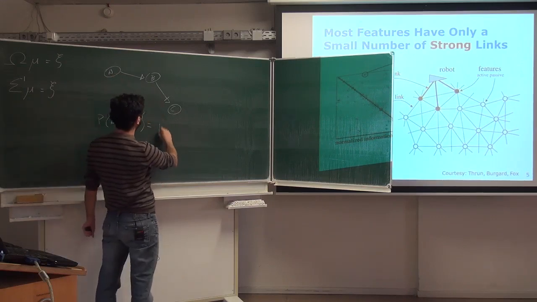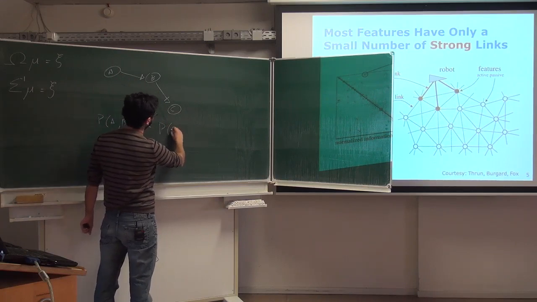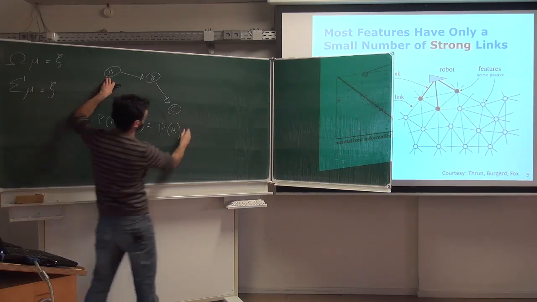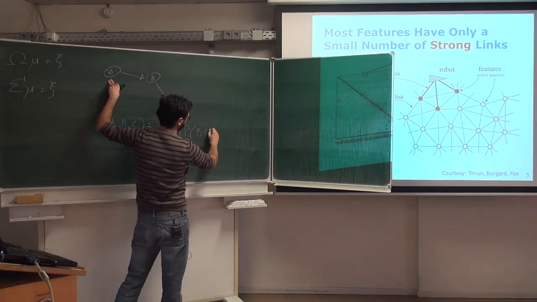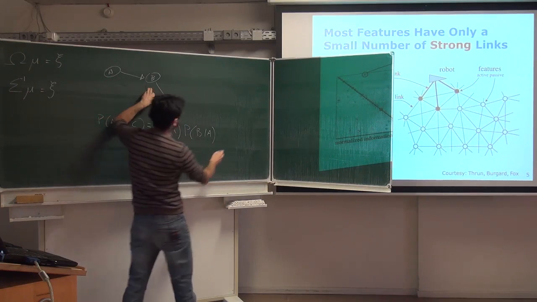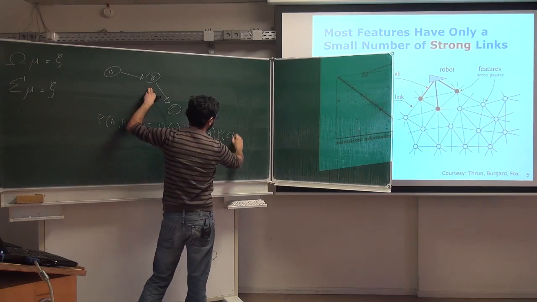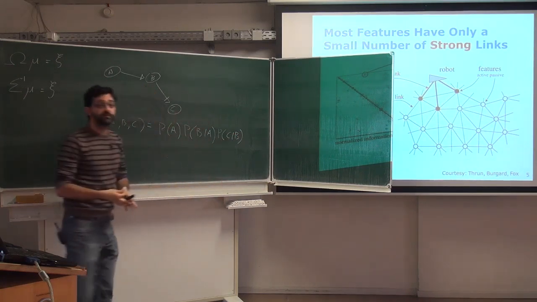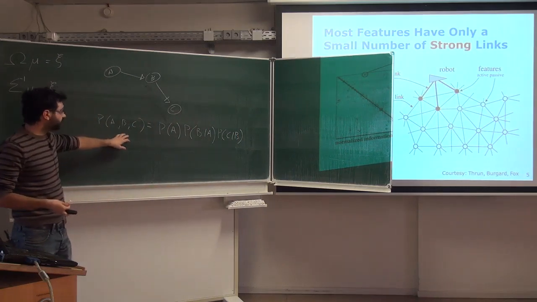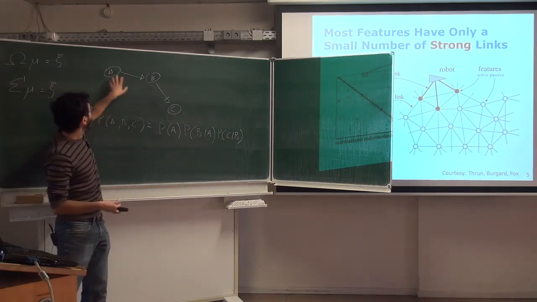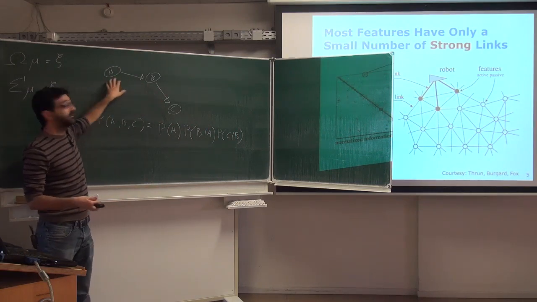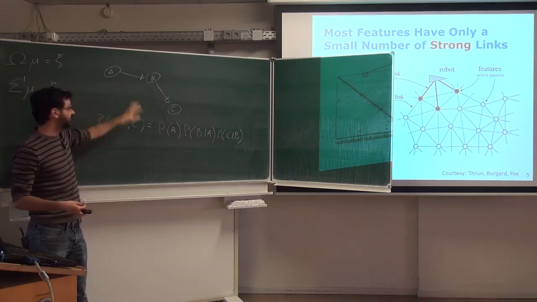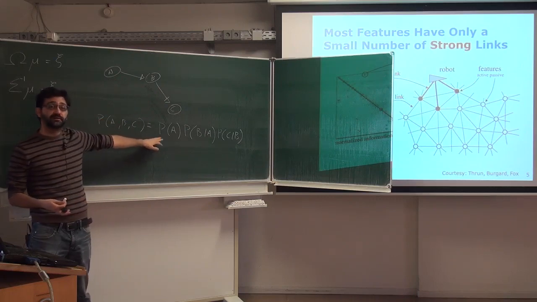Now you can say it's equal to P of A, where we take just the root here, times P of B given A, times P of C given B. No? So basically this tells you how this graphical representation of the independence, conditional independence in this case, reflects the structure of the distribution.